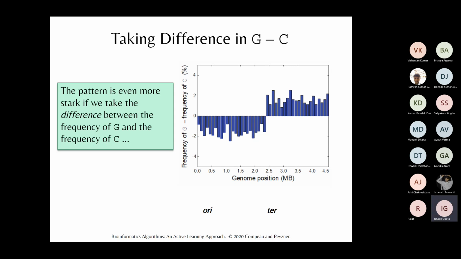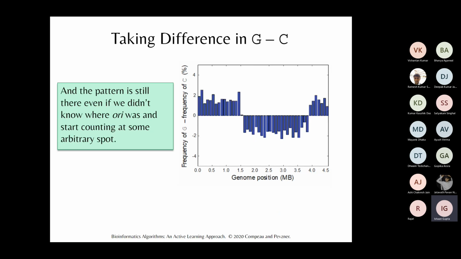Now, when we take the difference between the frequency of G and the frequency of C across these windows, we see an extremely stark pattern: almost half of the genome has low G minus C frequency and half of the genome has high G minus C frequency.